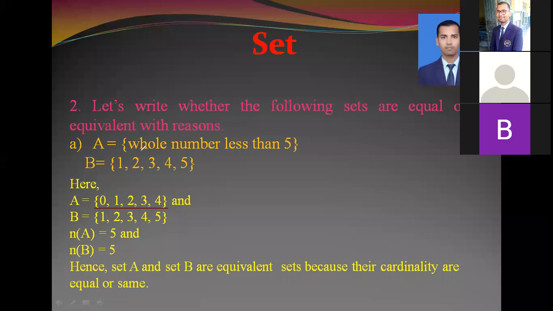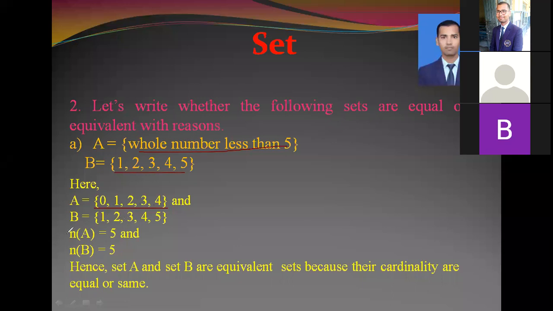A is equal to whole numbers less than 5. The whole numbers less than 5 are 0, 1, 2, 3, 4. In the same way, B is already given in listing method, so we copied it: 1, 2, 3, 4, 5.